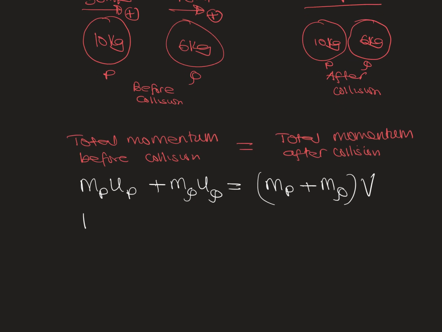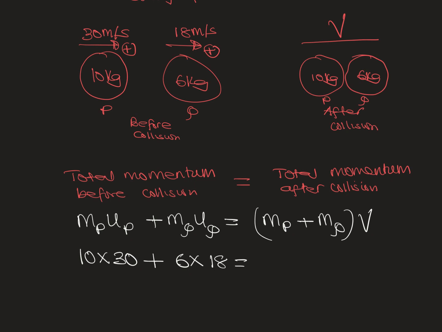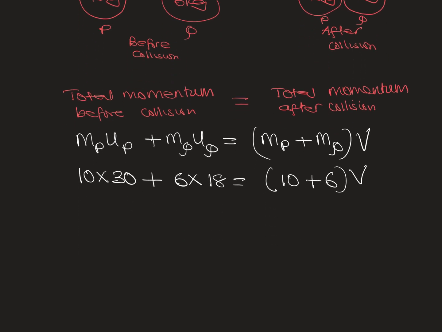So substituting, that will be 10 multiplied by 30 plus 6 multiplied by 18 equals mass of P, 10, plus mass of Q, 6, all times V. 10 multiplied by 30 is 300, plus 6 multiplied by 18 is 108, equals 10 plus 6 is 16, so we have 16V. 300 plus 108 is 408.